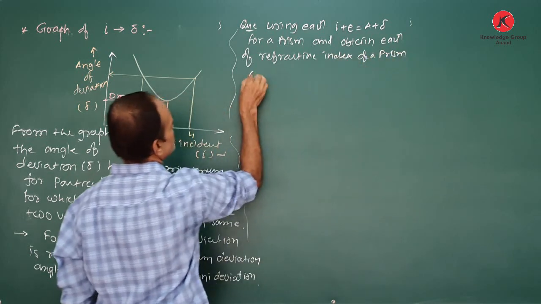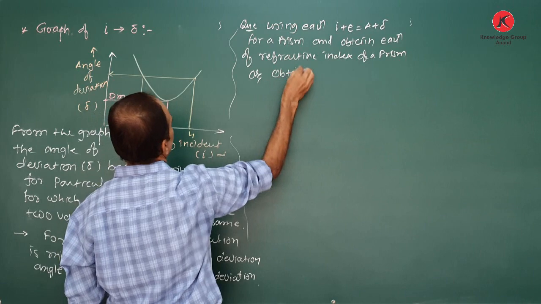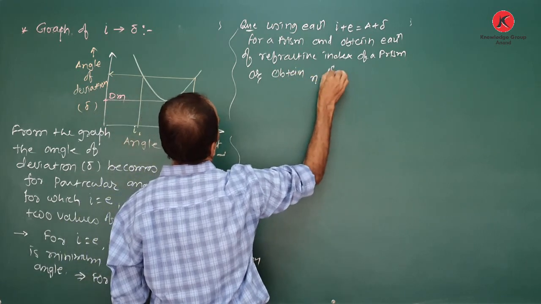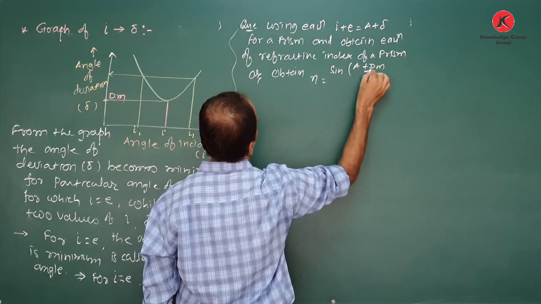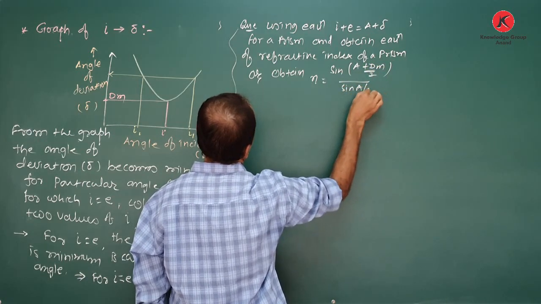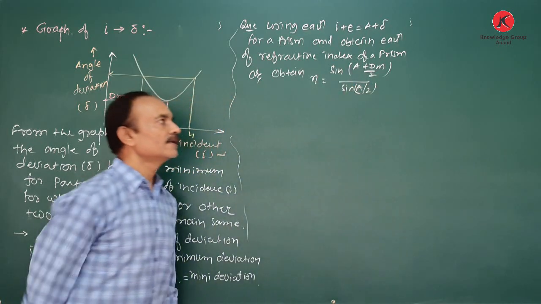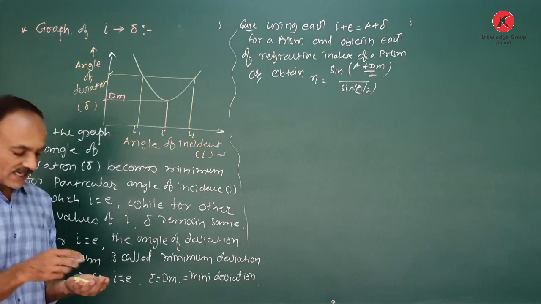Or in other words, obtain n is equal to sine of (A plus dm) by 2 upon sine of A by 2. So that is for the prism.